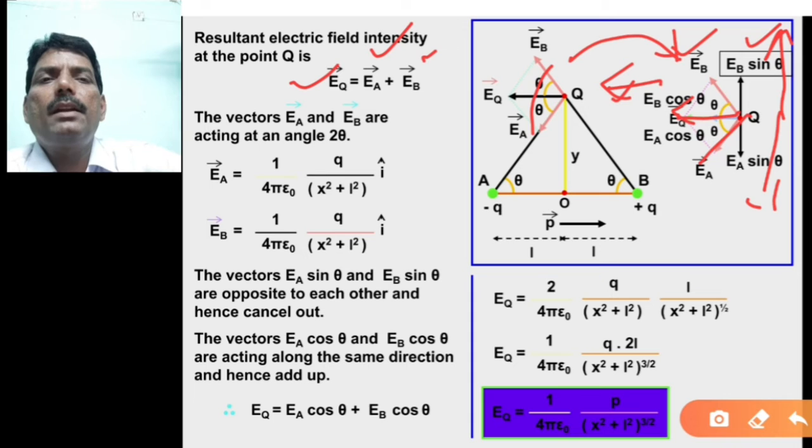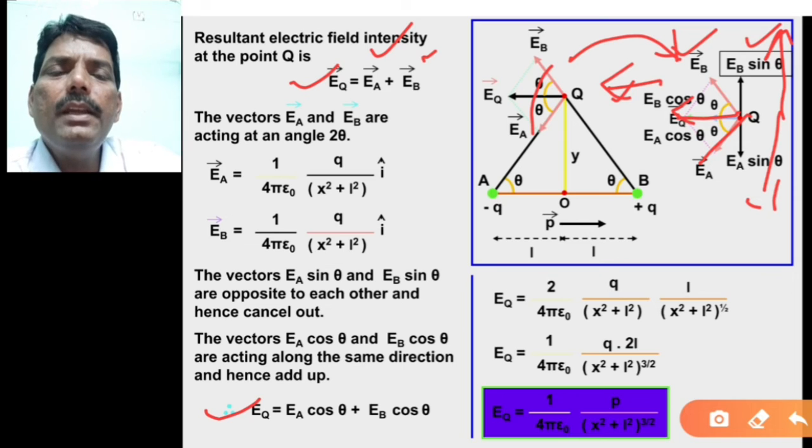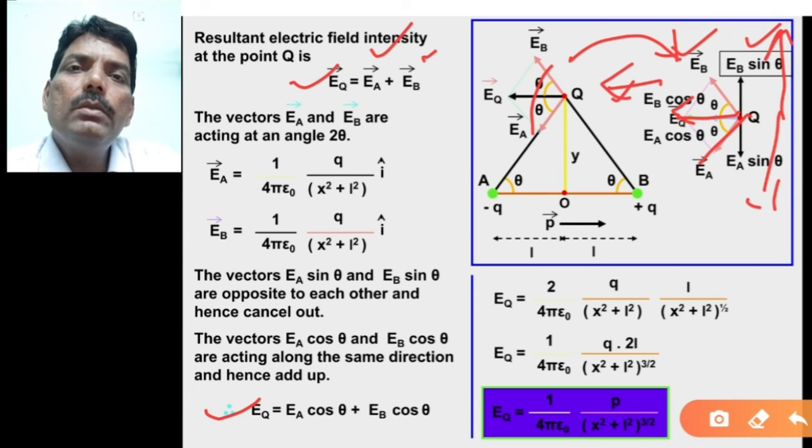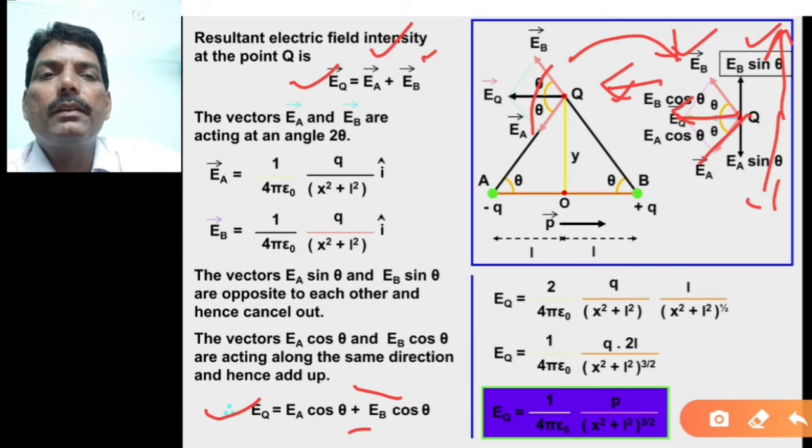So I can say that the resultant electric field EQ is equal to EA cos theta, due to electric field EA, and EB cos theta, again the electric field due to charge plus Q, so both will be added here.